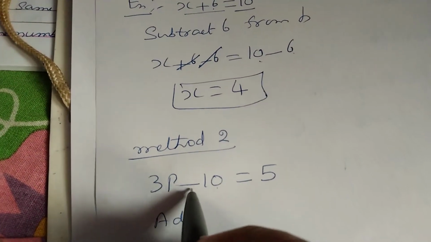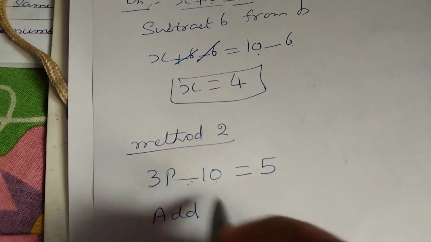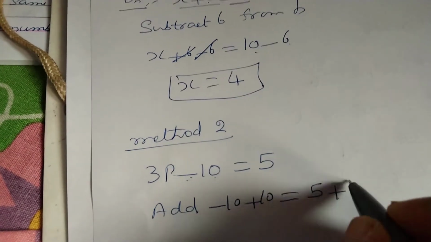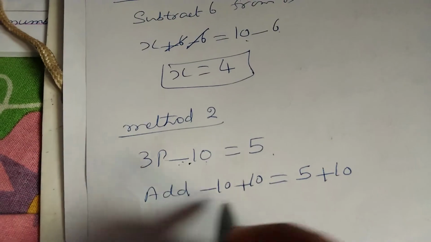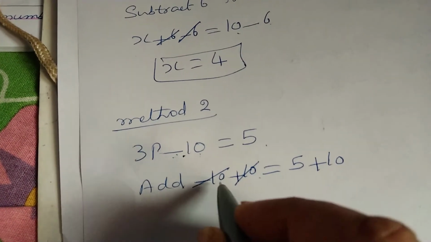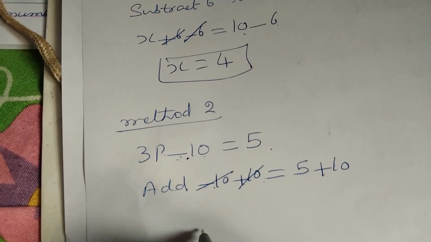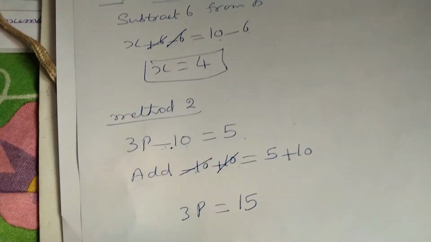If it is minus, we have to take plus; if it is plus, we have to take minus. So minus 10 plus 10 is equal to 5 plus 10. We have to add 10 here too, here also and here also. So minus 10 plus 10 becomes 0. So 3p is equal to 5 plus 10, 15.